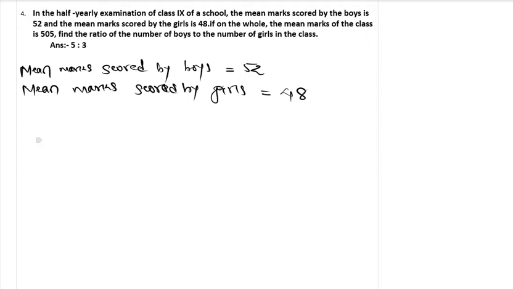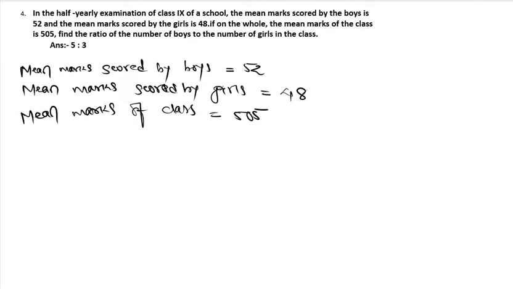If on the whole the mean marks of the class is 505, so I will write mean marks of class is equal to 505. We don't know how many boys are there and how many girls are there.